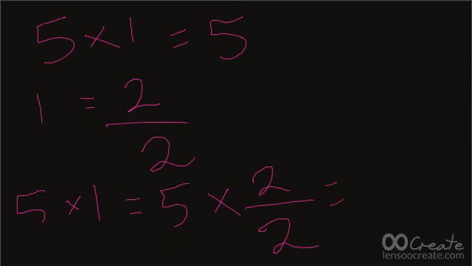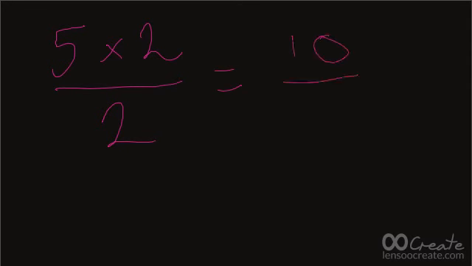and I'm going to get 5 times 2 all over 2. Now 5 times 2 all over 2 equals 10 over 2, which is what we need.